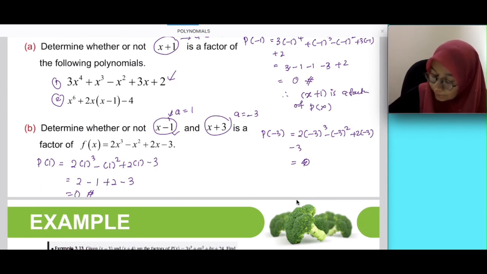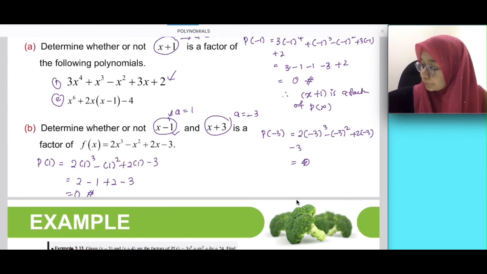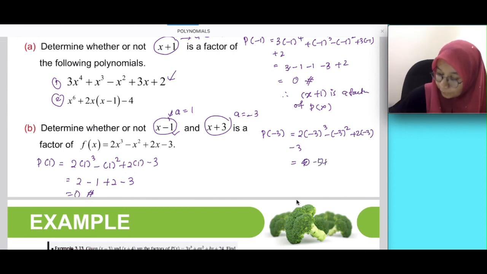Negative 3 to the power of 3 is negative 27, times 2 is negative 54, minus 9 minus 6 minus 3.